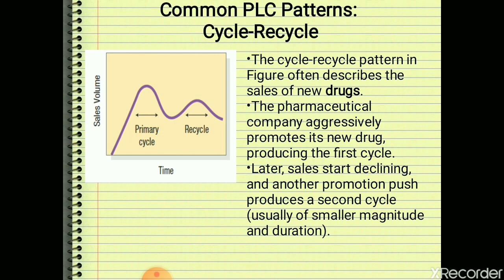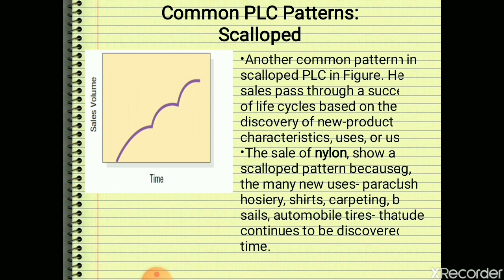They then have a second cycle of that product, but usually the magnitude of sales and profit is lower than in the first or primary cycle. So this cycle-recycle product life cycle pattern is observed mainly in pharmaceutical products.